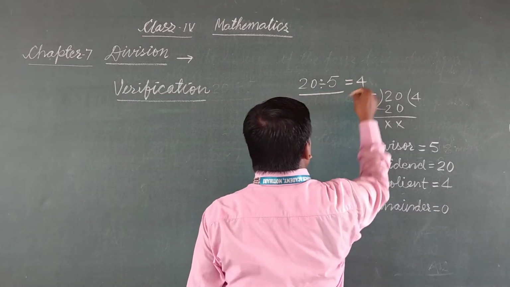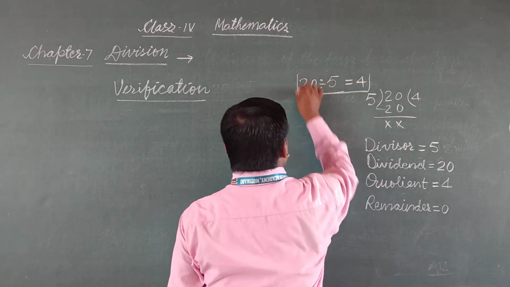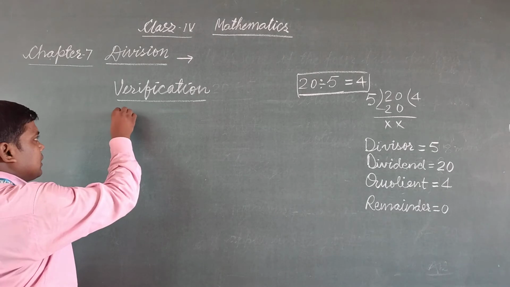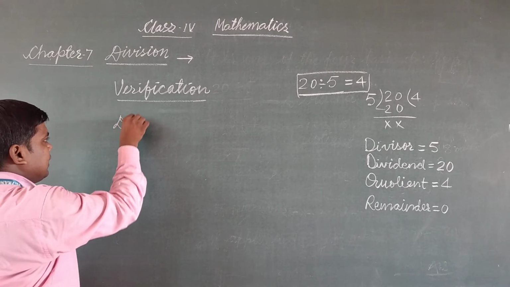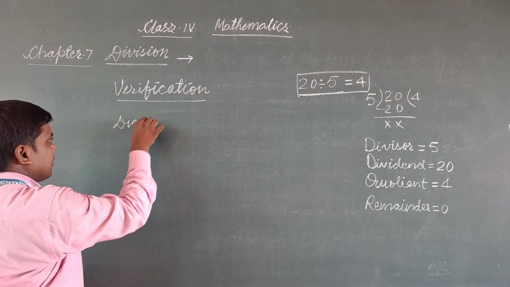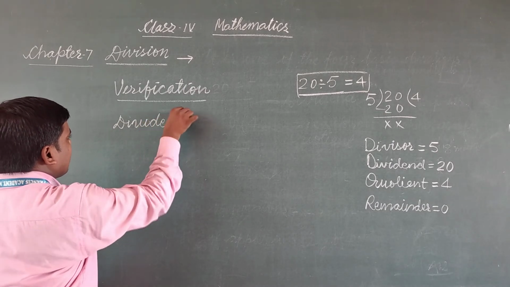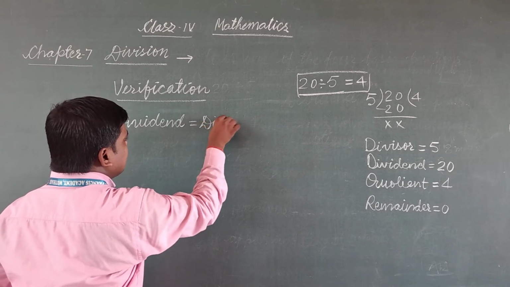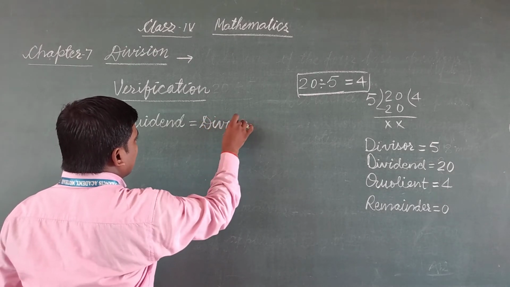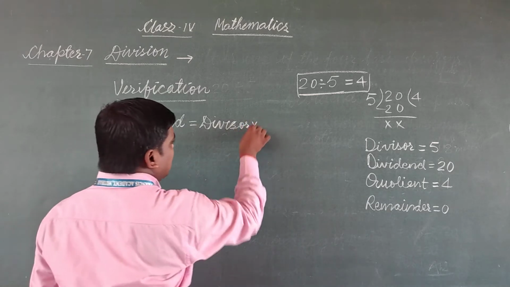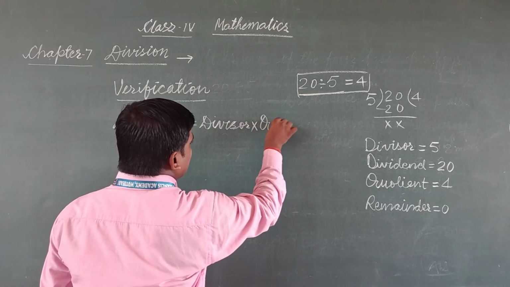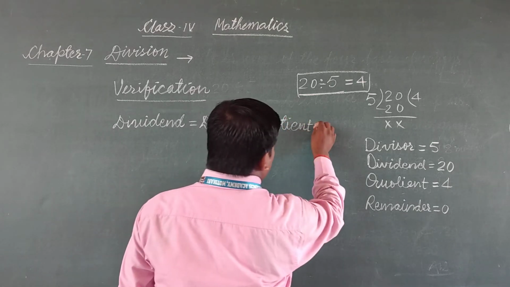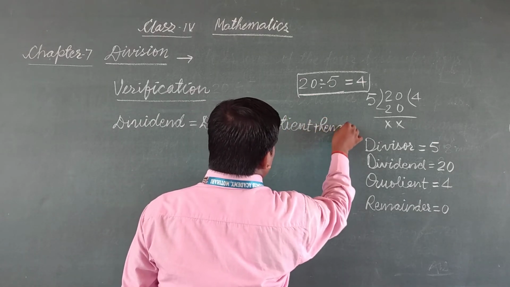Here you will write the answer. We write: dividend is equal to divisor multiplied by quotient plus remainder.